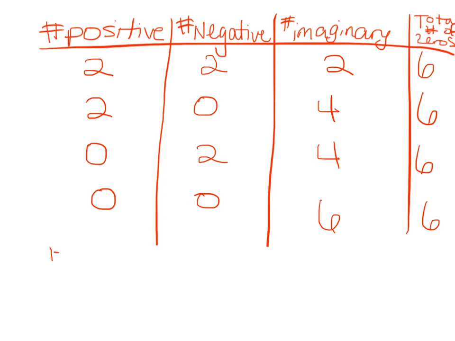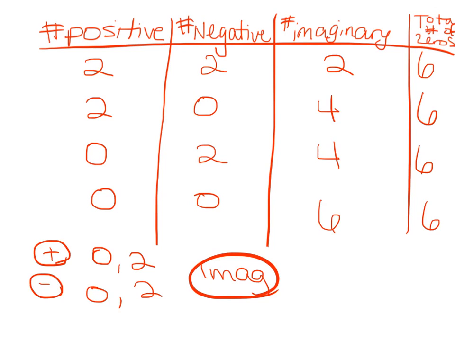So we could state for our zeros that positives we're going to have 0 or 2. For our negative zeros, again, we could have 0 or 2. And for imaginary zeros, we're going to have 2, 4, or 6 imaginary zeros in the solution to this problem.